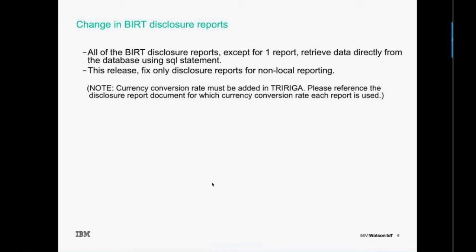To run the report, the same currency must be converted. So to do that, the currency conversion rate must be added in the TRIRIGA system. Please reference the disclosure report document that I will show you at the end of the PowerPoint, for which currency conversion rate each report uses.